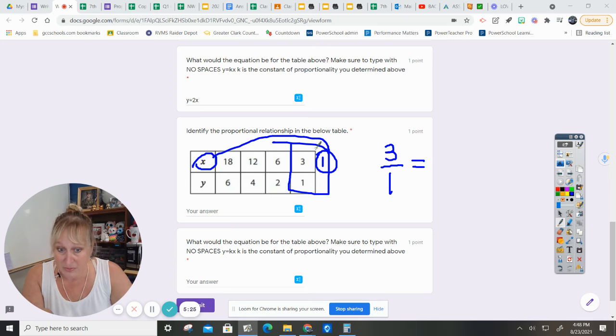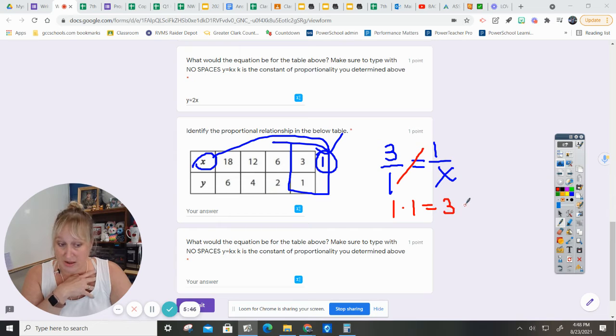X has to be the 1 in my unit rates. So I'm going to put 1 on the top. What I don't know is my constant, that number. So now I'm going to cross multiply. 1 times 1, that's easy, equals 3x.